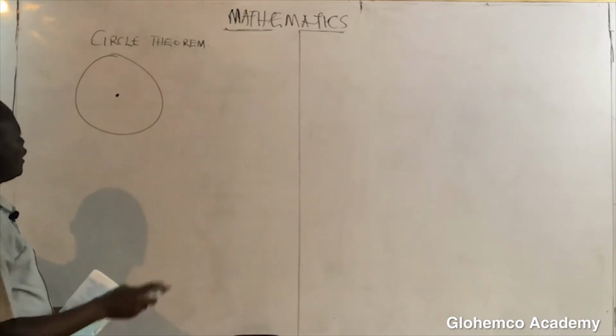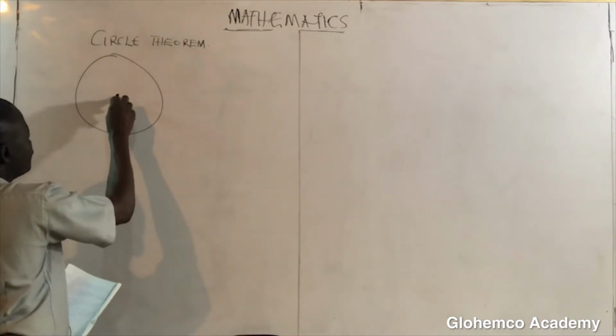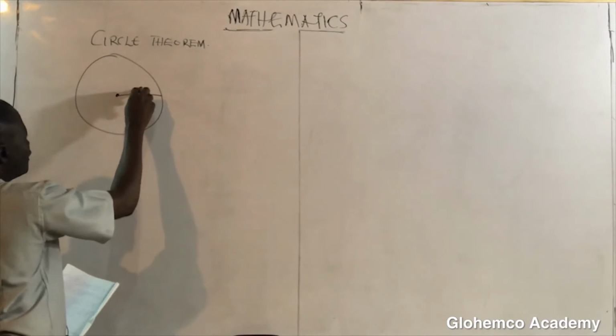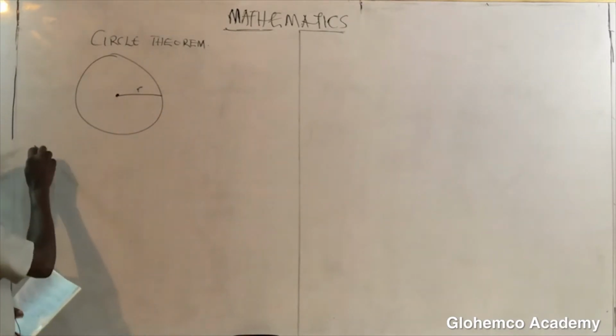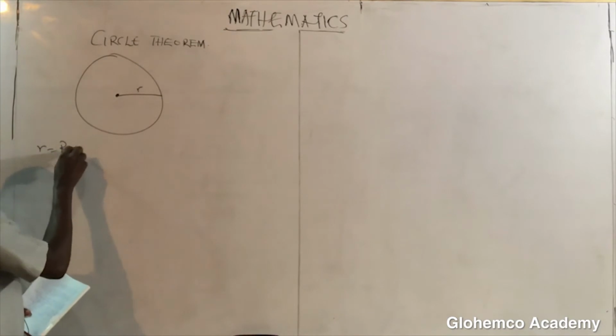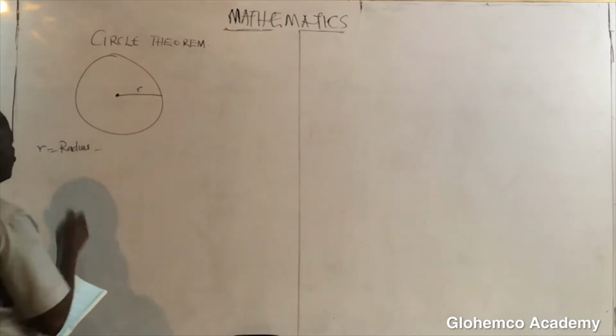Then we have what we call radius. This is our arm. Arm is radius. What is a radius?